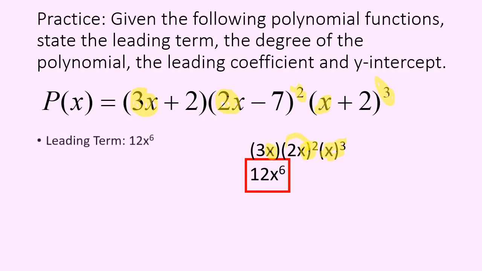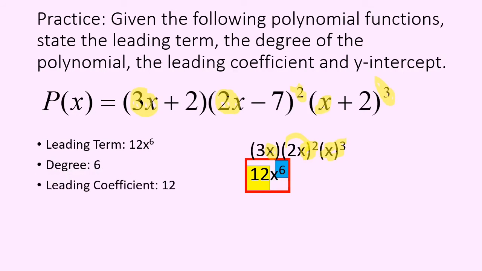So that is my leading term. And from the leading term, I can get the degree, and I can get the leading coefficient, which is 12. Now to get the constant term or the y-intercept, we're going to plug zeros in for x.